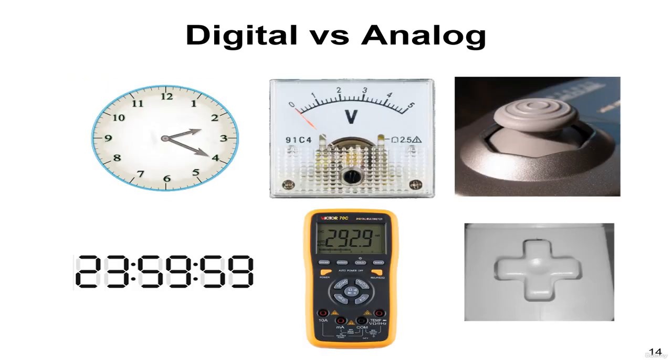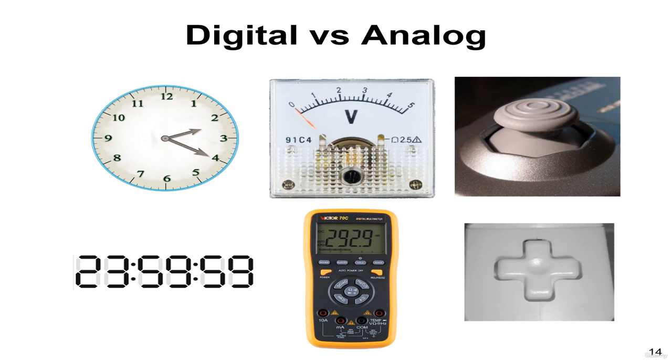In real life, you would see a number of digital systems which have actually supplemented their analog counterparts. As we were saying in the previous slides, digital systems have supplemented their analog counterparts. Over here you can see some examples. The first row contains some systems which are analog in nature, whereas the row at the bottom contains some digital systems which perform the same job as their analog counterparts.